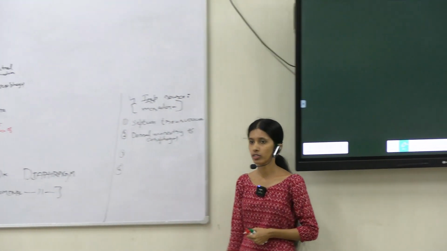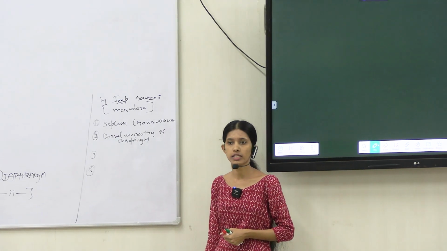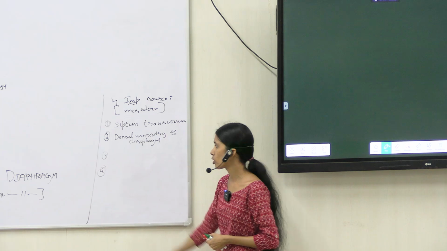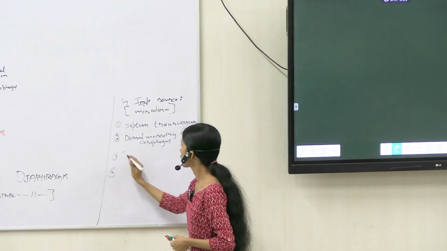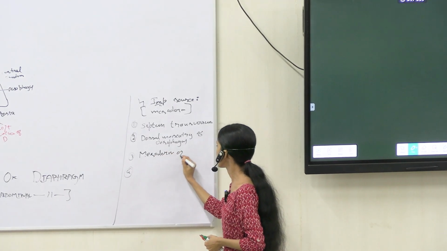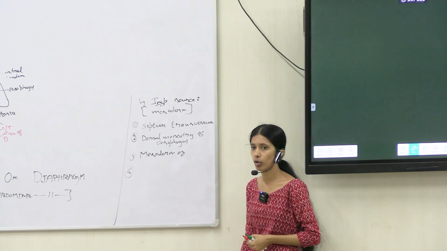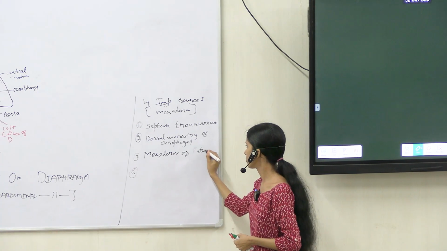The first important source is septum transversum, then we have dorsal mesentery of esophagus, followed by mesoderm of the lateral wall.